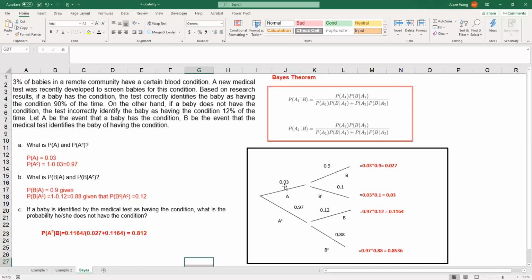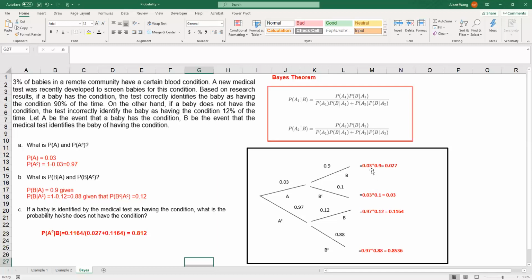The second one is 0.03 times 0.1, which is equal to, this is a mistake, 0.003. Now, fortunately, we are not going to use this branch, so the mistake here doesn't affect us. For this branch, it would be 0.97 times 0.12, which is equal to 0.1164. And the probability of the last branch would be 0.97 times 0.88, which is equal to 0.8536.